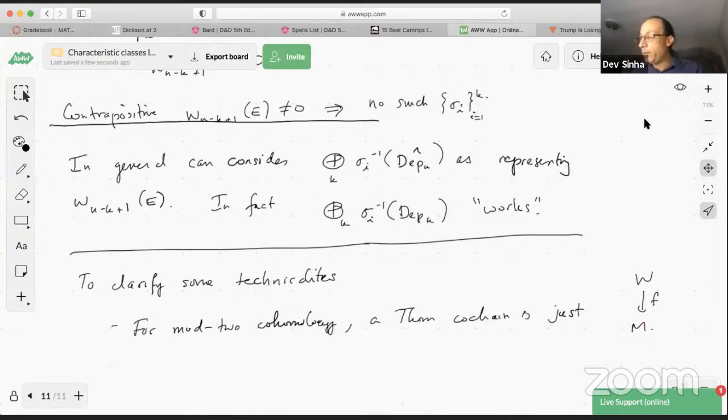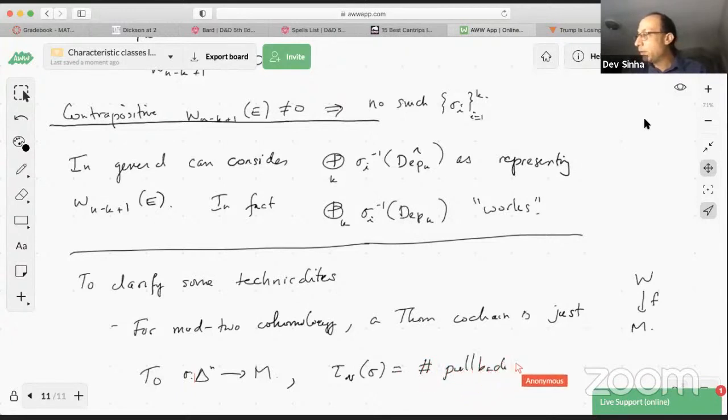The point is, to some map sigma from delta n into the base, we associate the count mod 2 of the pullback of W. And what is the pullback of W?